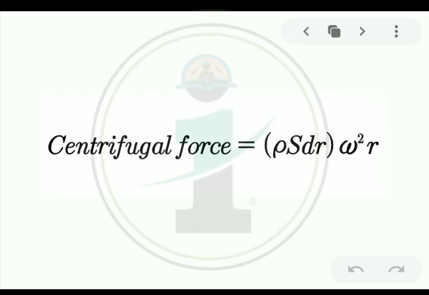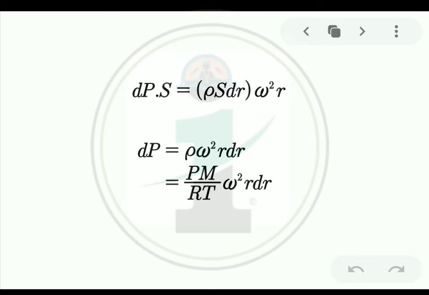Now this pressure generates a centrifugal force which is dm into omega square r, where dm is rho S dr. Now let's equate these two expressions.